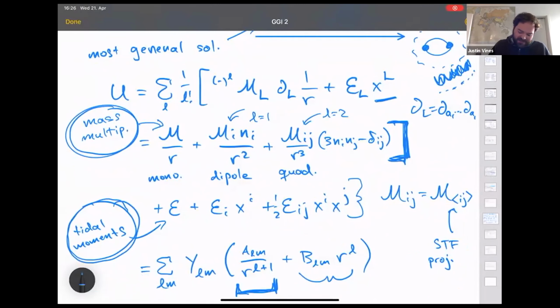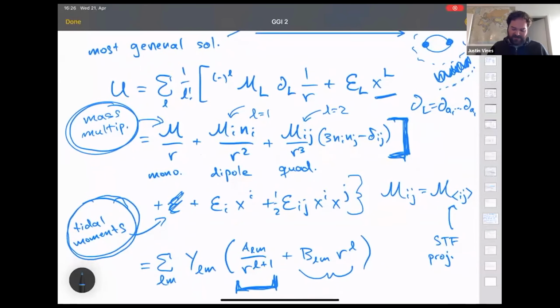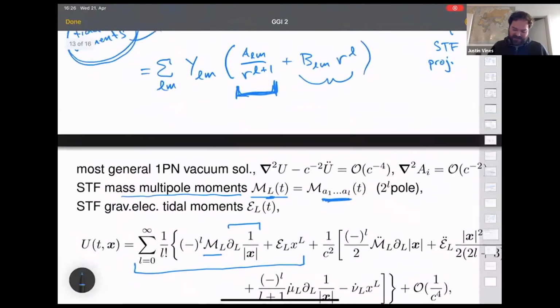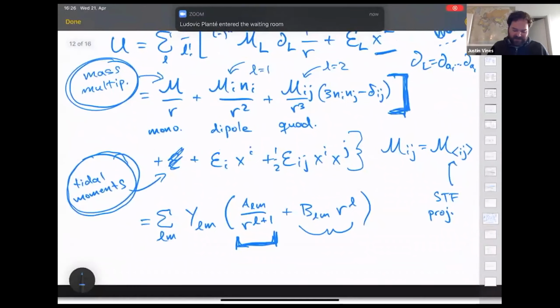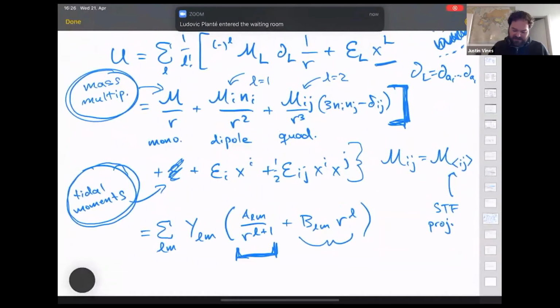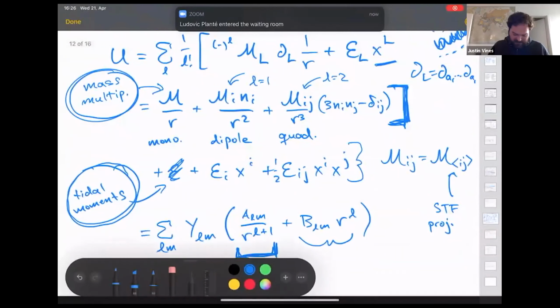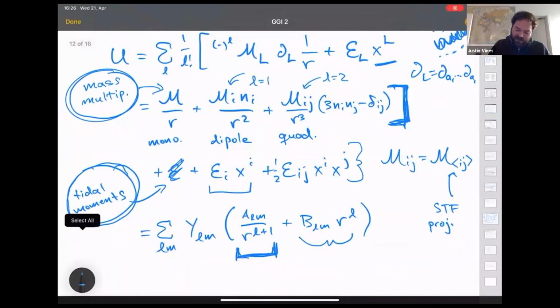And these tidal moments characterize the external universe. So the first one is not important. It actually physically means absolutely nothing. It's like if we had a function of time added, not depending on space, in our Newtonian potential. This one, the tidal moment with 1 index, if you think about this kind of term in the Newtonian potential, that's essentially a uniform acceleration.